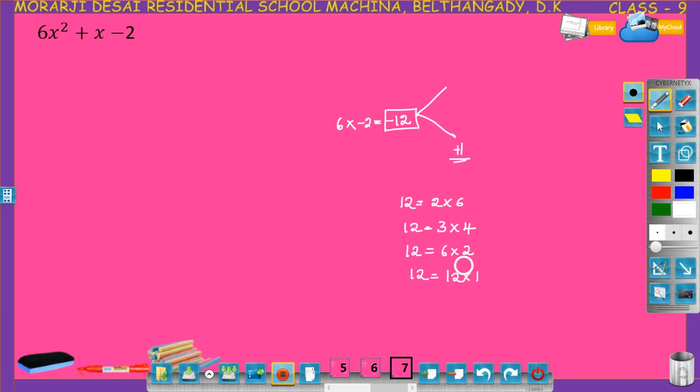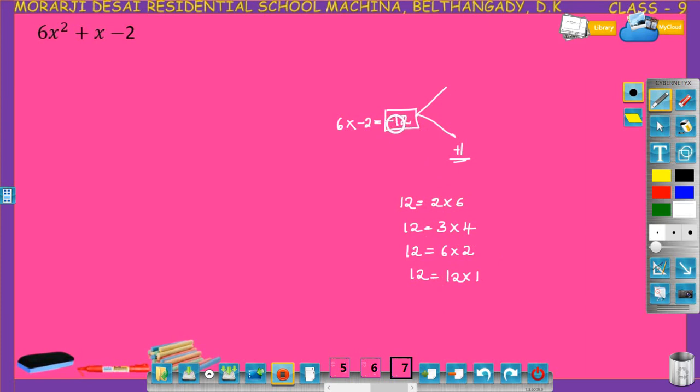In that, you have to find the numbers whose product is 12. Product of this set of numbers is 12: 2 6 are 12, 3 4 are 12, 6 2 are 12, 12 ones are 12. Since the product is negative here, you should get the opposite sign, that is plus and minus.